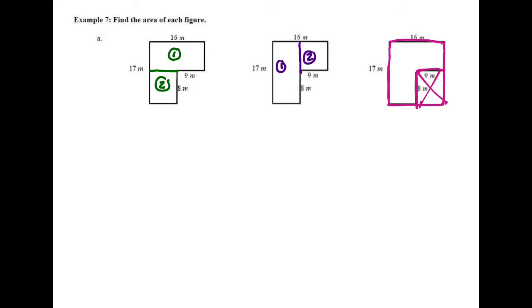Looking at the pink one, great big rectangle, I know the length and the width. And of the little rectangle, I know both the length and the width. So that one would actually be the easiest. If I call this rectangle 1, let's change it to pink. Rectangle 1 is the big one, and rectangle 2 is the small one.